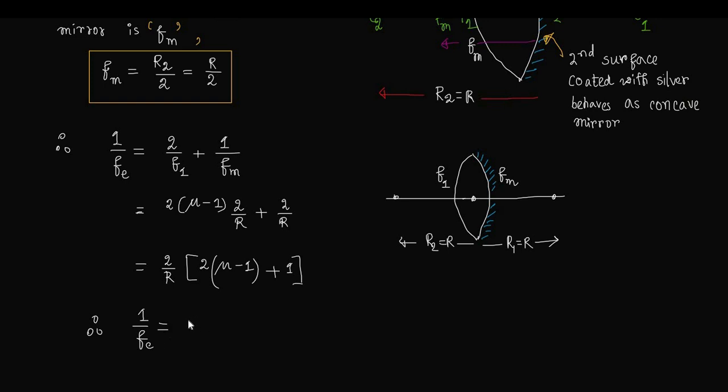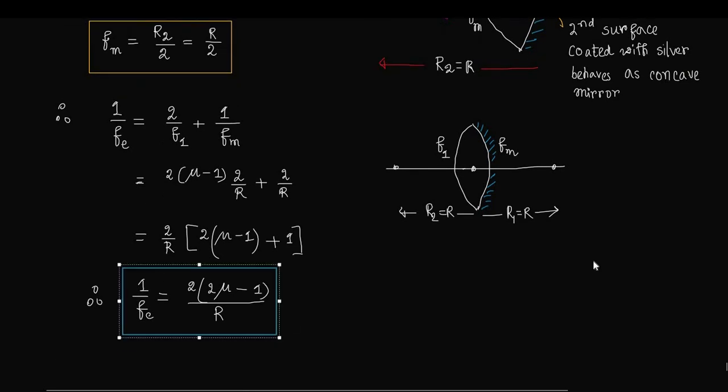Therefore, 1 by Fe should be equal to 2 into (2 mu minus 1) divided by R, where R is the radius of curvature of the lens.